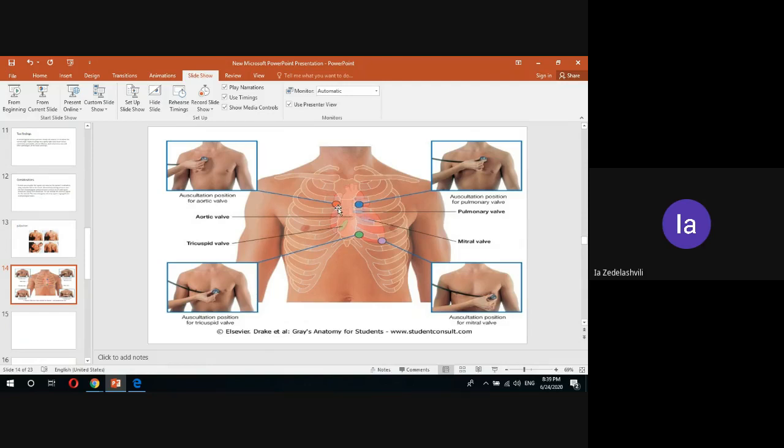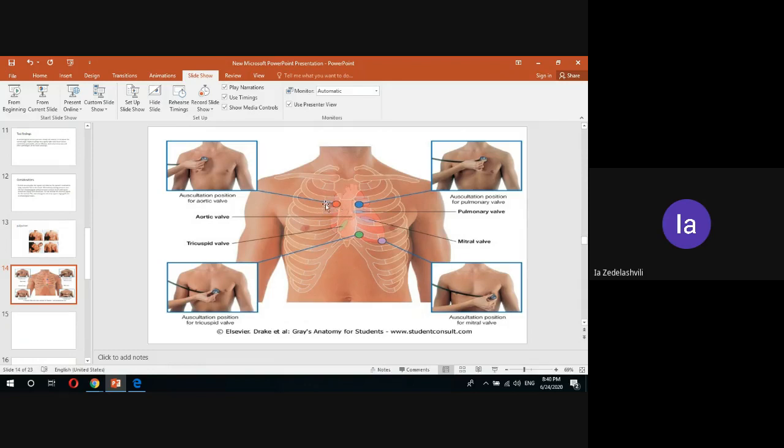Because of the back position, the left valve, which must be on the left side, the aortic valve, from the ventricle passes the blood to the main aorta, but as it's turned right side up, you find the best point to auscultate this left ventricle aortic valve on the right side of the thoracic portion.